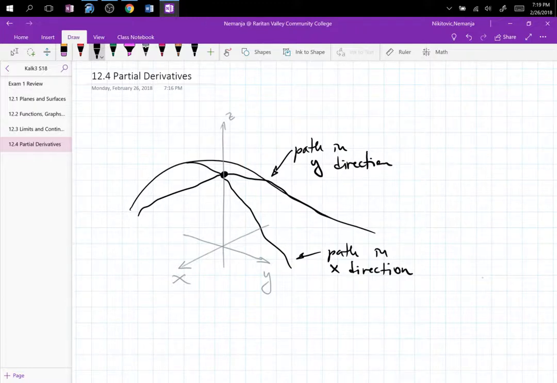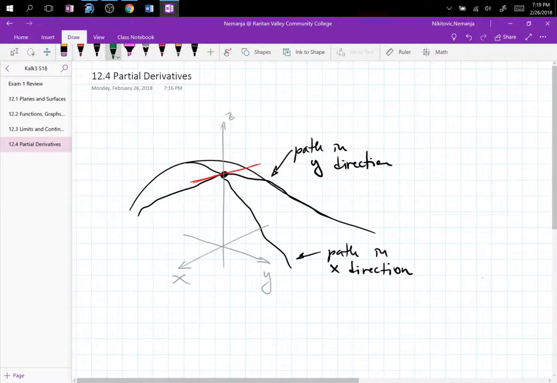So this path is going to have a tangent line that goes this way, and another tangent line, maybe a blue one, let's use. There's my blue.